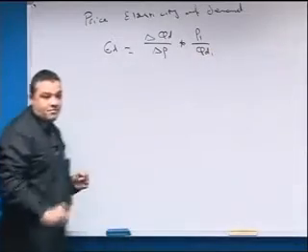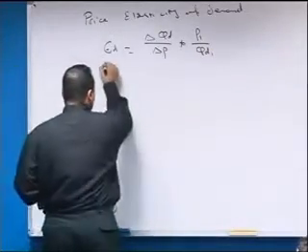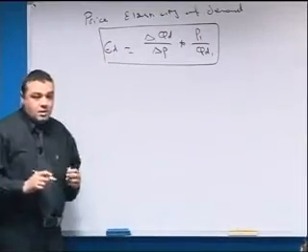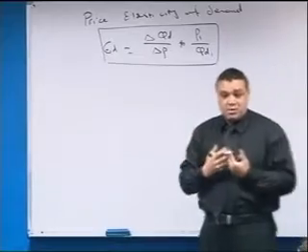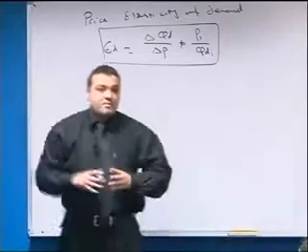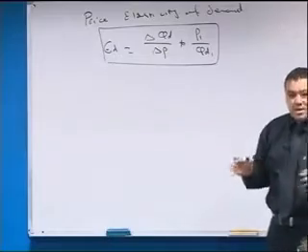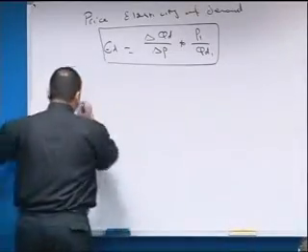Right? This is the general formula to calculate the price elasticity of demand. Today, we are going to study the difference between the slope of the demand curve and the price elasticity of demand. So let's come back to the different forms of the demand curve.